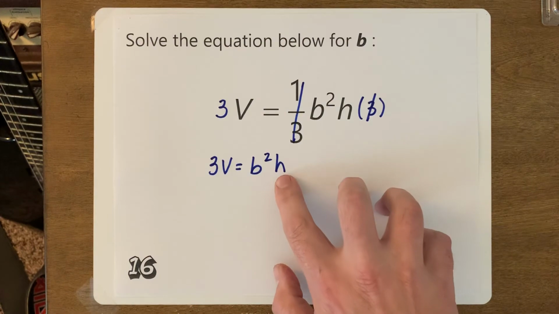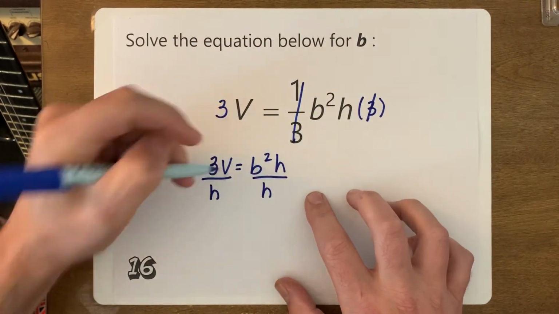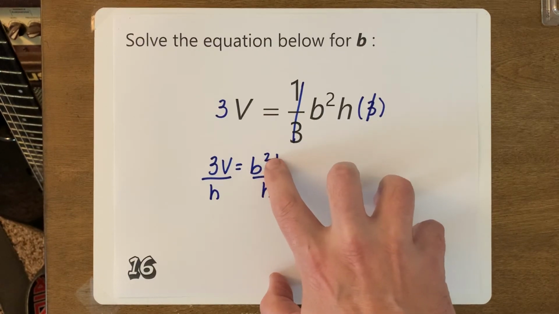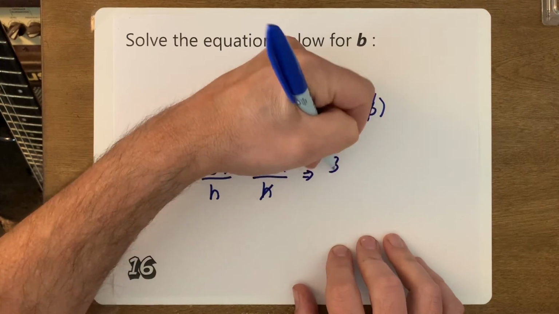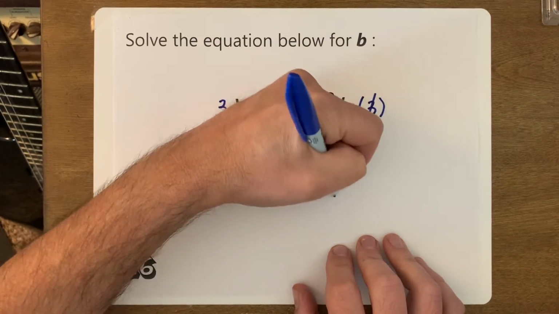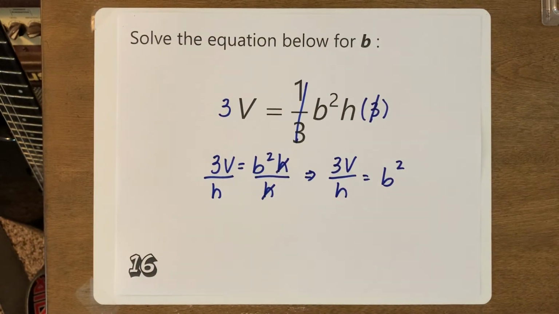Next thing we want to do is get rid of the h. So we divide. Why do we divide? Because that's the opposite operation of multiplication. Cancel, cancel, and we get 3v over h is equal to b squared. But that's not quite good enough because we want b by itself, not b squared.